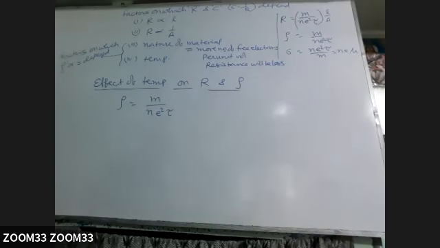So in case of a metallic conductor, with rise in temperature, there will be no change in the number of free electrons.